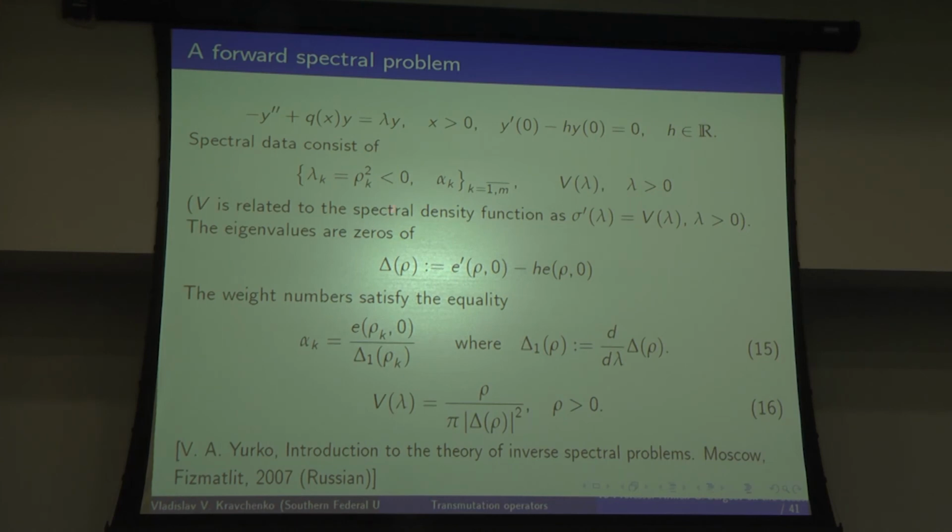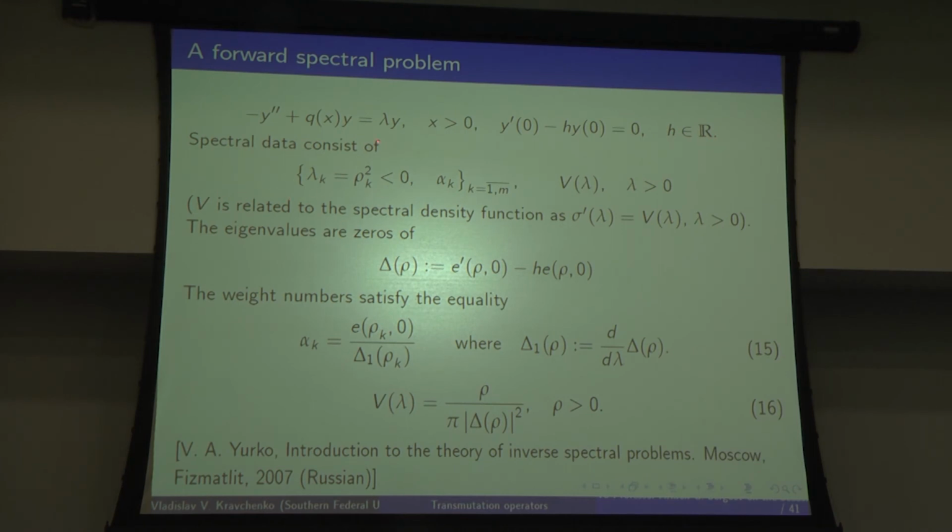Now, what is the forward, or direct, spectral problem here for the half line? We are looking for the solutions of this equation satisfying this initial condition, with some h real now.